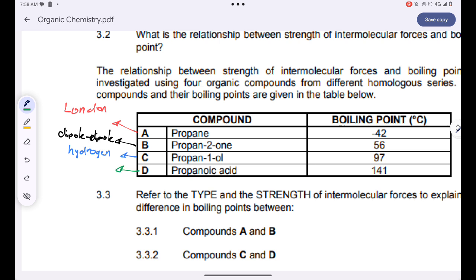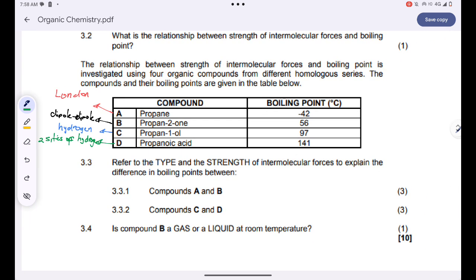It has two sides of hydrogen bonds, and hence carboxylic acids will be stronger than alcohols. Let me just write two sides of hydrogen bond.